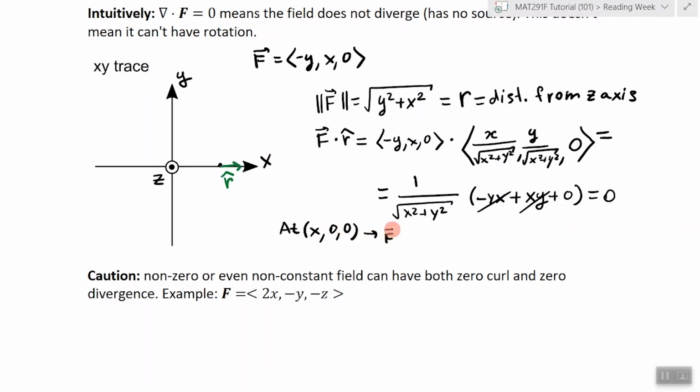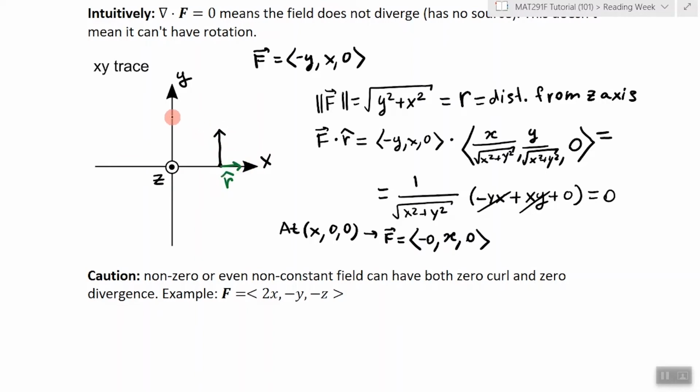We have F equal to, okay, so y coordinate is 0, so we get 0, like negative 0, then x, and then 0. So if x coordinate is positive, then the y component of the vector field is also positive. So we get the field going this way. And now we can just sketch the rest of the field.